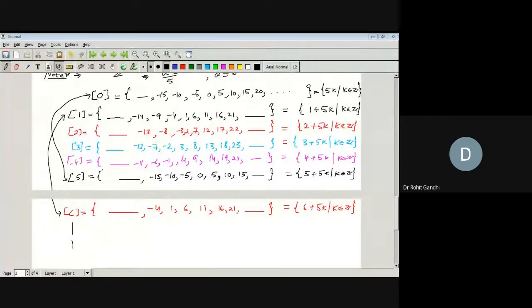But if you see the first 4 equivalence classes, equivalence class of 0, 1, 2, 3 and 4, they are disjoint to each other. They are the distinct equivalence classes. If I talk about this relation, I will get these classes as distinct equivalence classes.